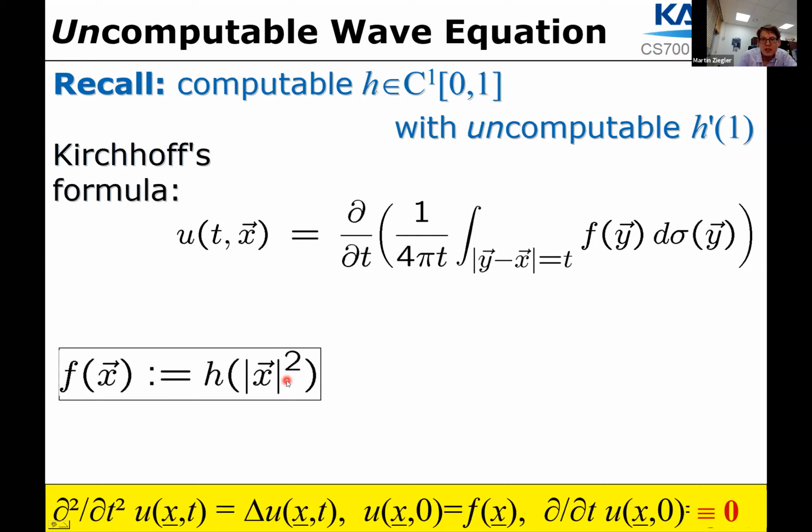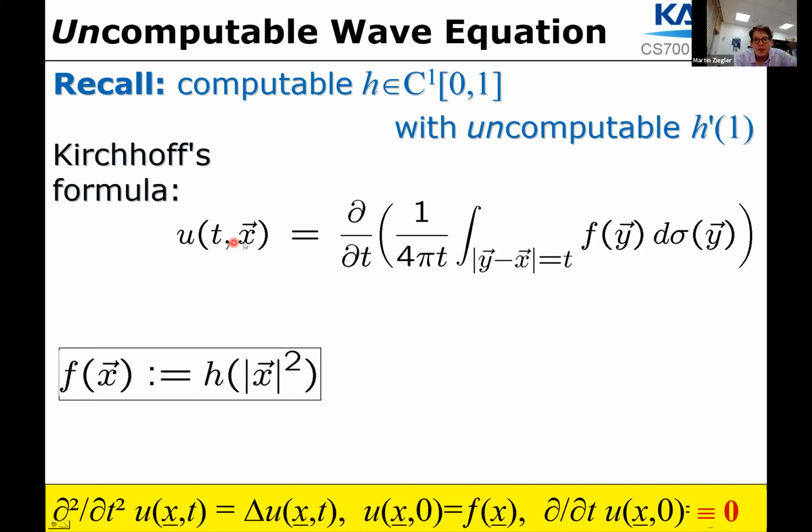That's the first component squared plus the second component squared, and so on. This is a single real number which we can then plug into this counterexample function of Myhill, which receives a single real number and returns a real value, and that is going to be our initial condition f. And then we see what comes out of Kirchhoff's formula in this case. Well, the first observation is, what is the value f of y? The value f of y is just h of the length of y.